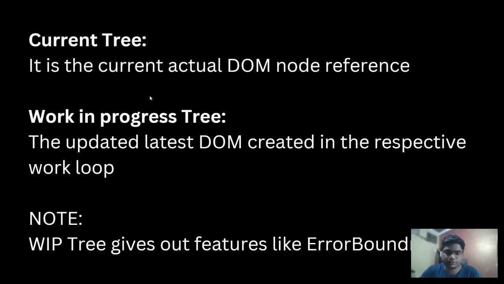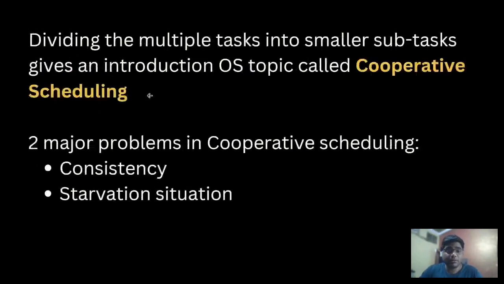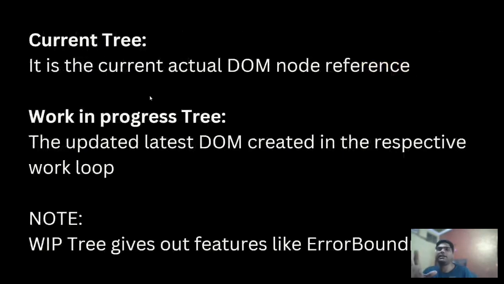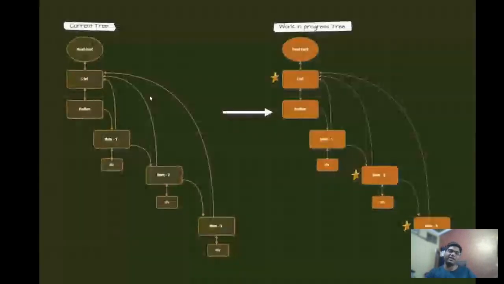And yeah, one thing, just to hold on. In React 16 or even before, I believe there was a concept introduced, which is named error boundaries. Now, error boundaries come into the picture only because of this work in progress tree. Previously, let's suppose something went wrong, maybe at this item two.